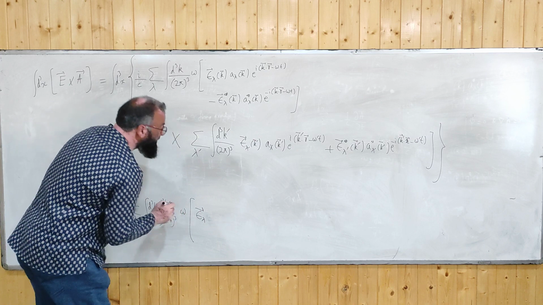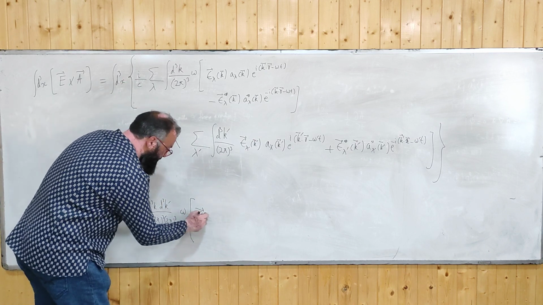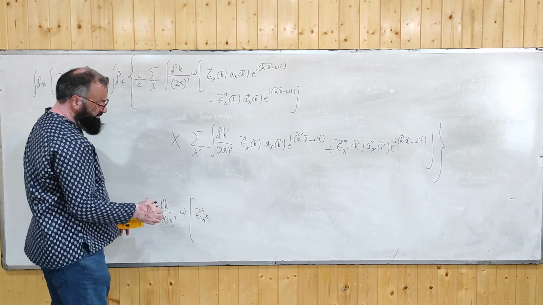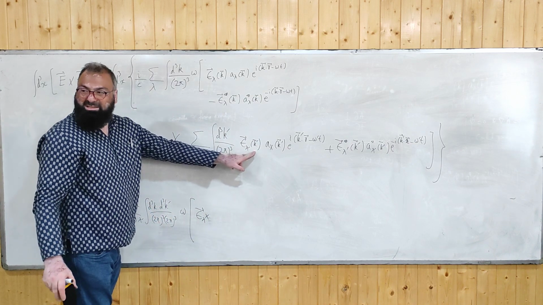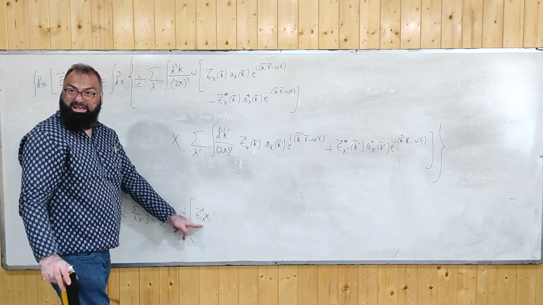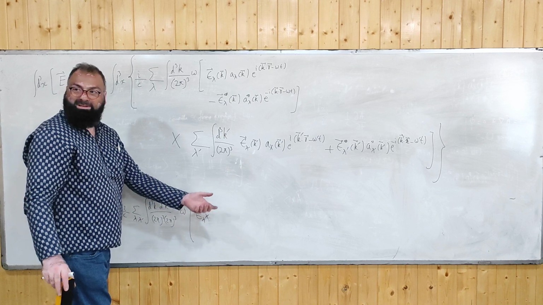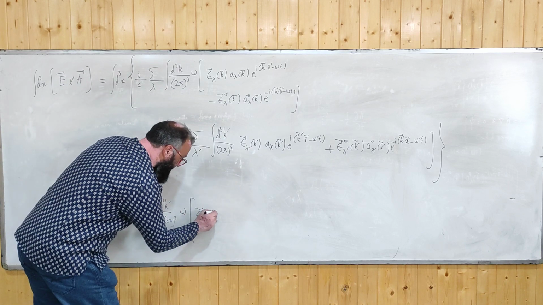Let me write epsilon lambda. I will forget about the argument for the time being, to make things simpler. So epsilon lambda means epsilon lambda k. When I put epsilon lambda prime, it means epsilon lambda prime k prime. Just to simplify things.